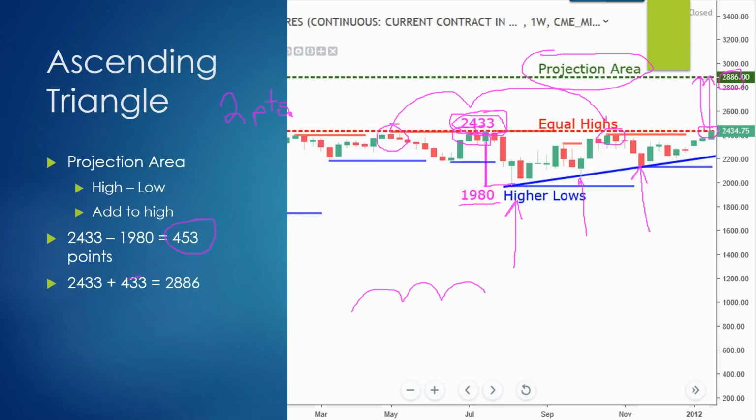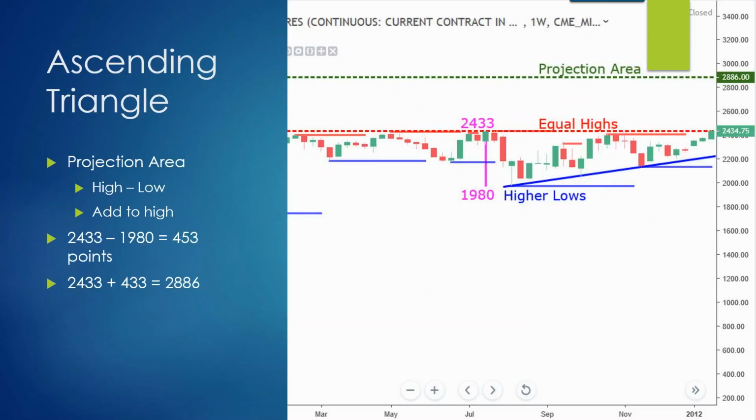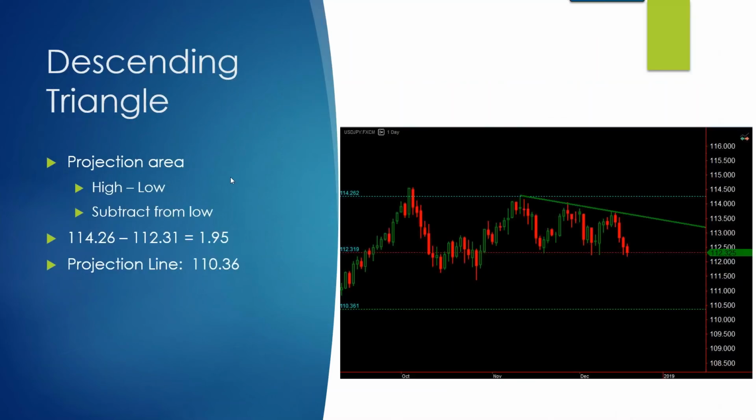Now, descending is actually the opposite of an ascending triangle, okay? Descending means it's going to go down. And this is on the USD JPY, okay? Now, in this one, you have a low here, a low here, and a low here, okay? So if you connect this, this gives you that horizontal line.